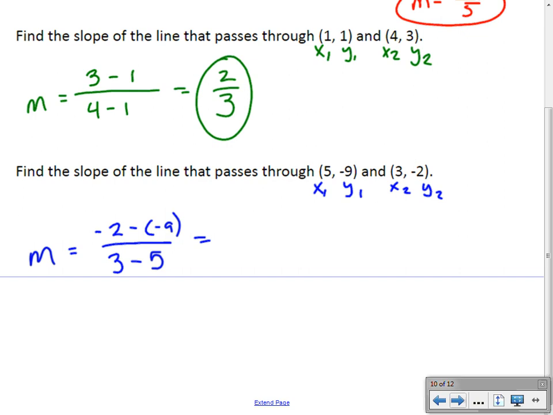And if I have negative 2 minus negative 9, that's really the same as negative 2 plus 9. 3 minus 5 gives me a negative 2 in the denominator. I add my numerator to get 7 over negative 2. And again, we want our negative to be in the numerator. So we're going to write this as negative 7/2. We would go down 7, right 2.